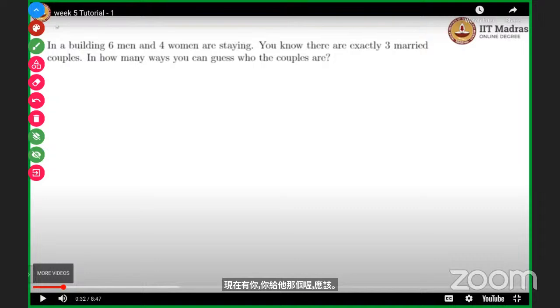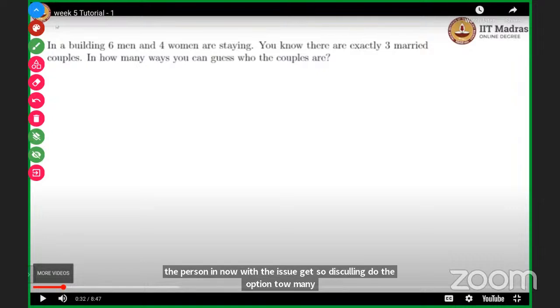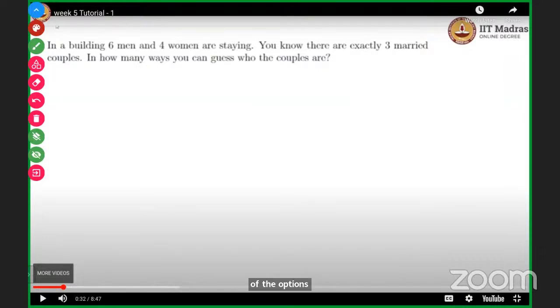Basically, how many options can happen? Permutations possible with 6 men and 3 women, so they can connect.